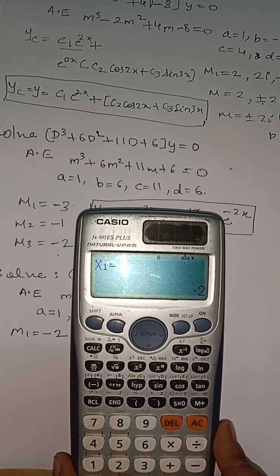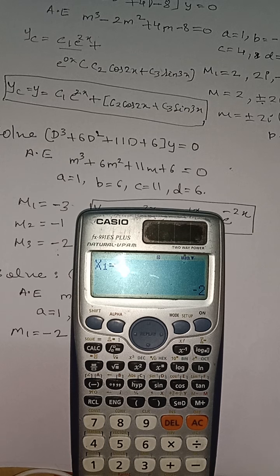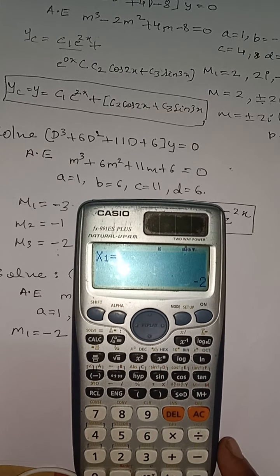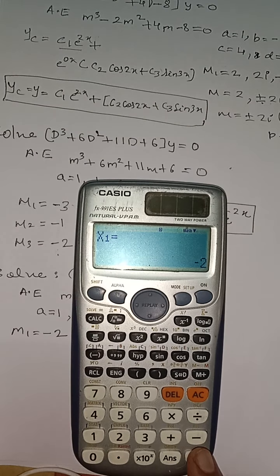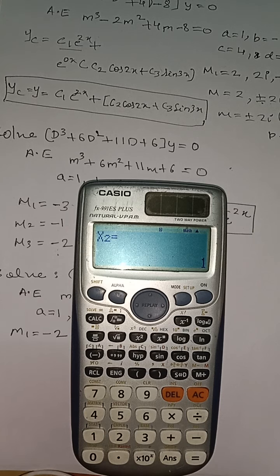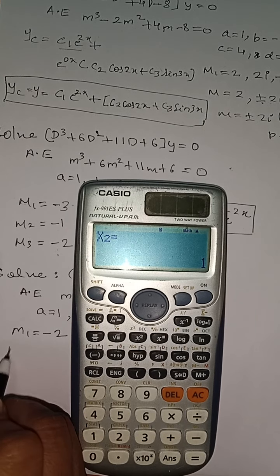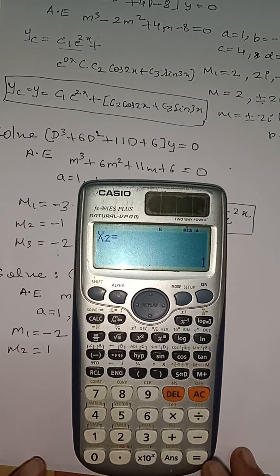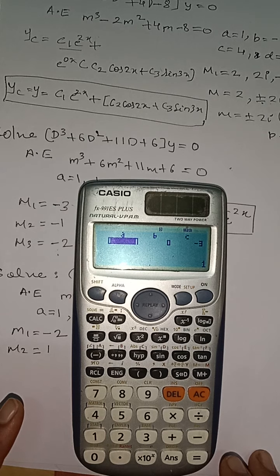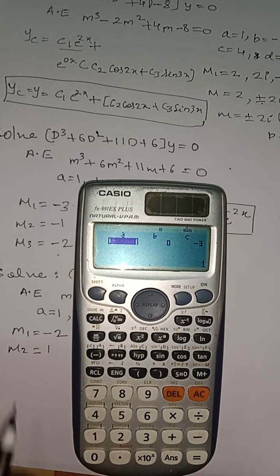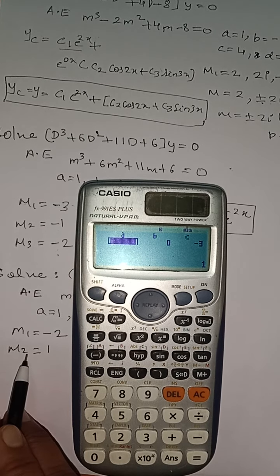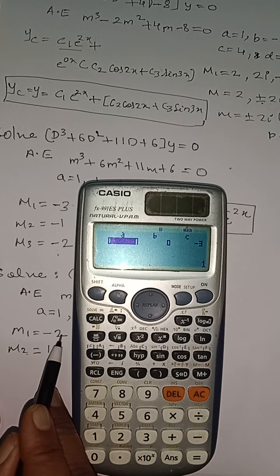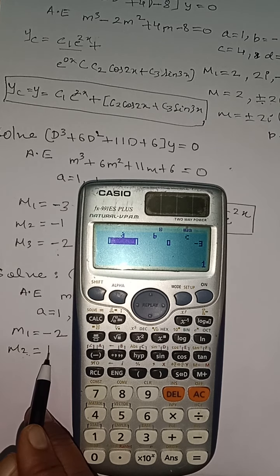Then what about the next root? So again press equals, so x2. The second root, I'll write m2 is equal to 1. Then again press equals, so it is going back to equation. What does this mean? It is showing only 2 roots: the first root as minus 2 and the second root as 1.